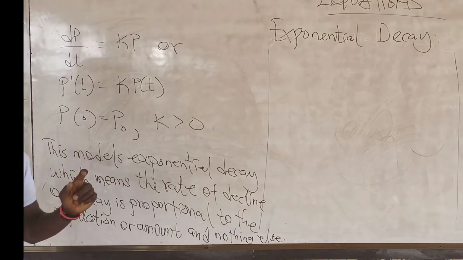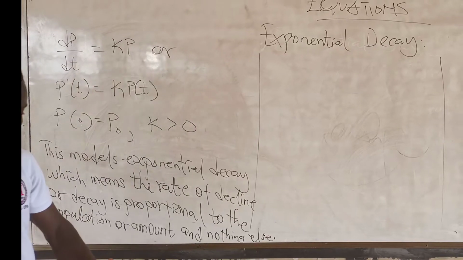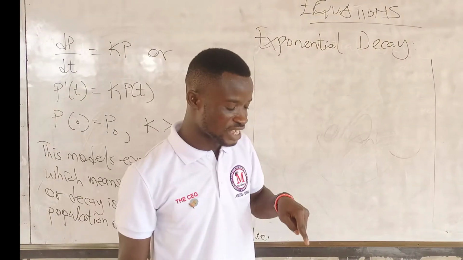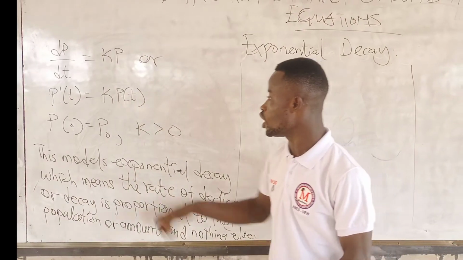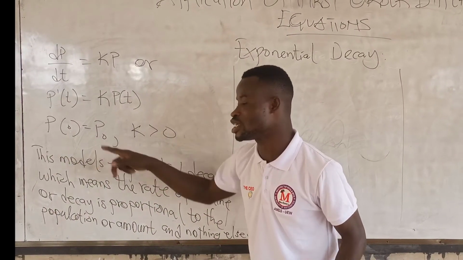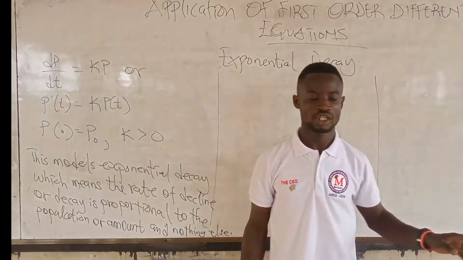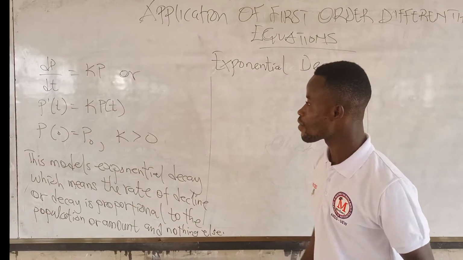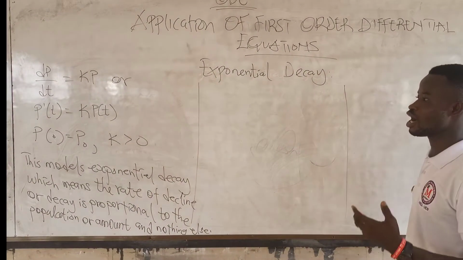Now, anytime you have P of 0, anytime your time is 0, that means that, for instance, if t is 0, you are starting at the initial. So P of 0 is the same as P naught, which is representing the initial population.